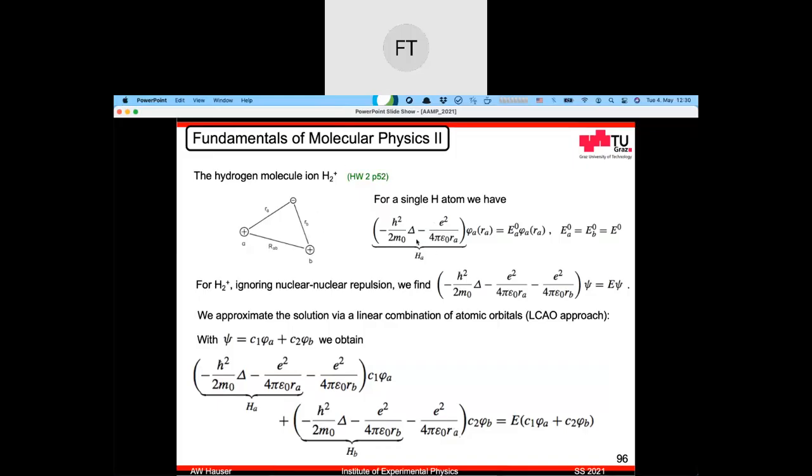The Hamiltonian consists of the kinetic energy operator here for the single electron, and the potential term, which is the Coulomb potential of 1 over r, and the corresponding eigenvalue of the Hamiltonian, the energy of the single hydrogen atom, is denoted as E naught for A and E naught for B for the other one. And since it's the same type of atom, it's the same energy E naught.